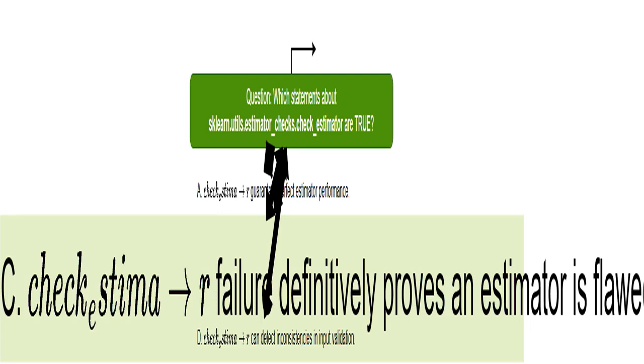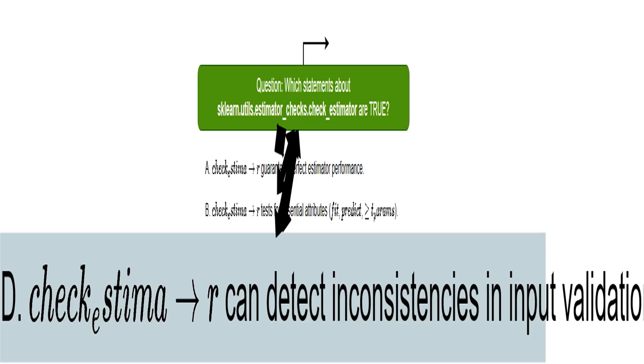It simply means there are some potential problems, which should be investigated and fixed. It's not a final verdict on the usability of the estimator. Absolutely. _check_estimator verifies that your model correctly handles various data types and formats. If it finds inconsistencies in how your model validates the input data, it'll flag those.